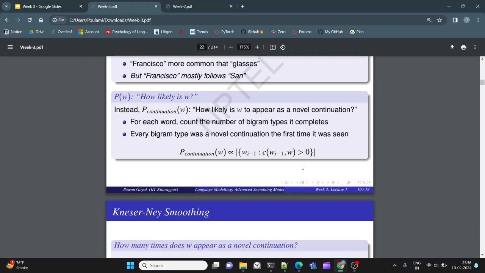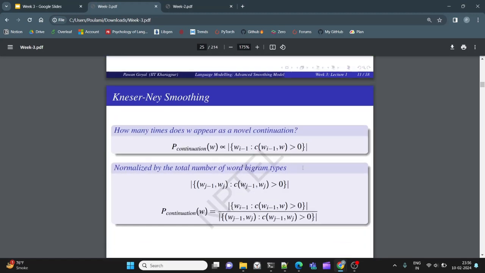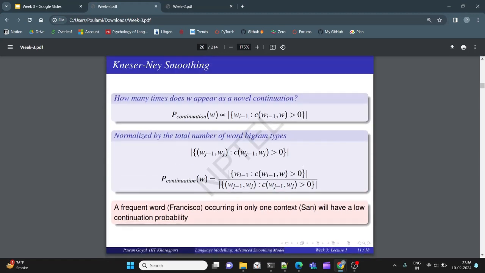That is what it is proportional to, and then we simply have to normalize. In order to normalize, we take all possible bigram types in the denominator, and in the numerator we only have those bigram types which the word W is completing.